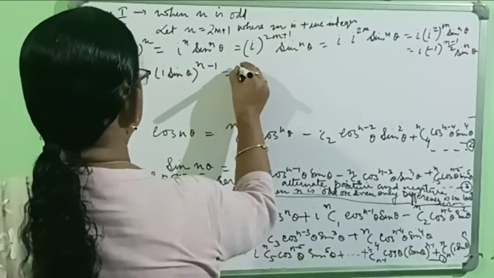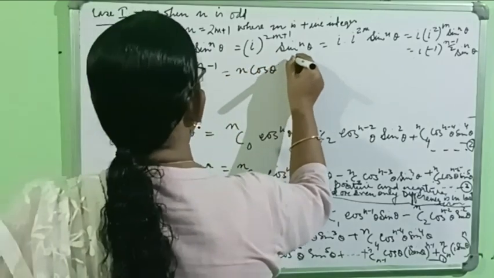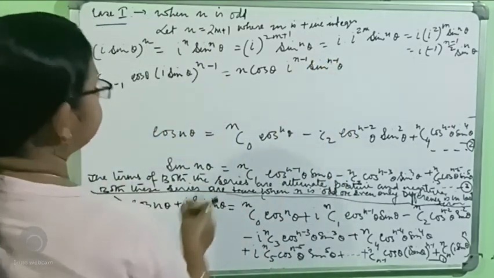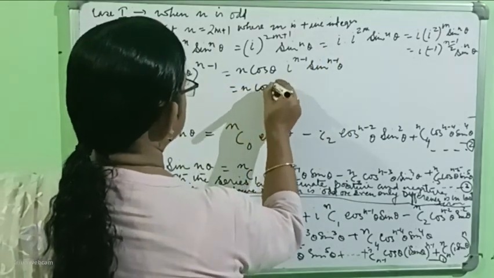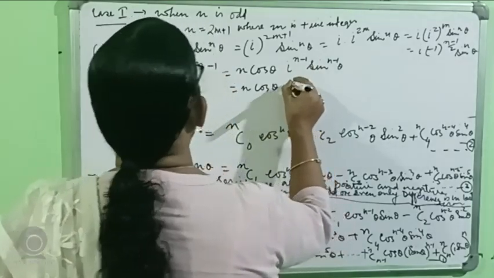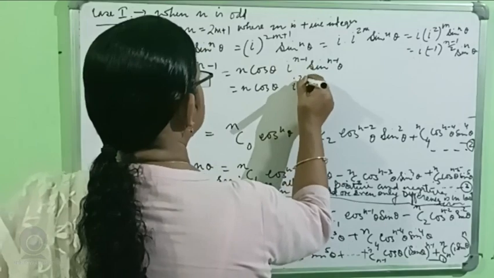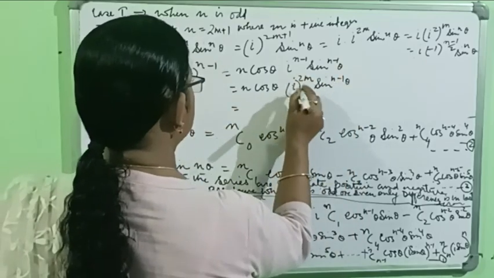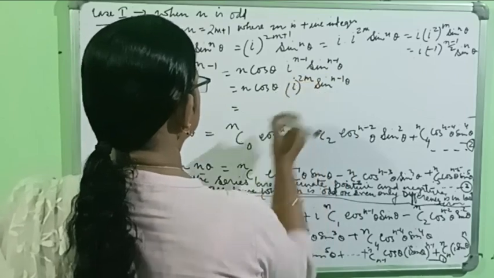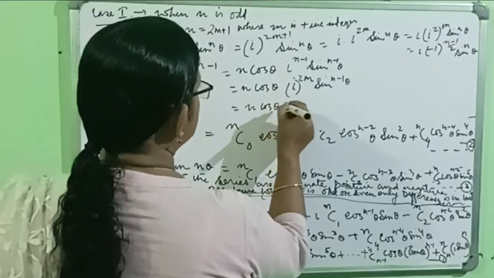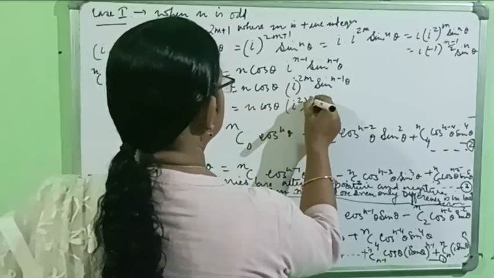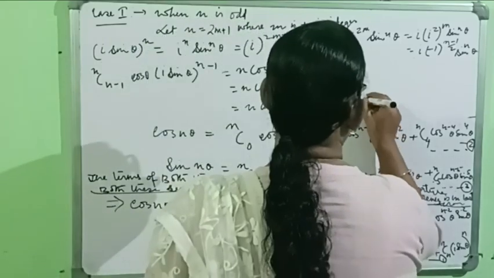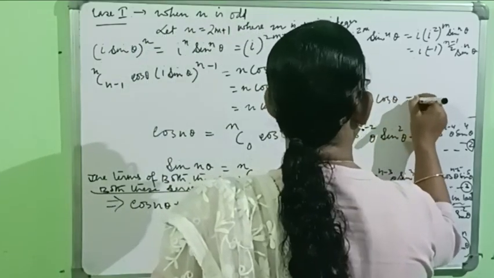When n is odd, this is n cos theta i^(n-1) sin^(n-1) theta. Here i^(n-1) will be i^(2m), so it is n cos theta (i squared)^m sin^(n-1) theta, that is (minus 1)^m.